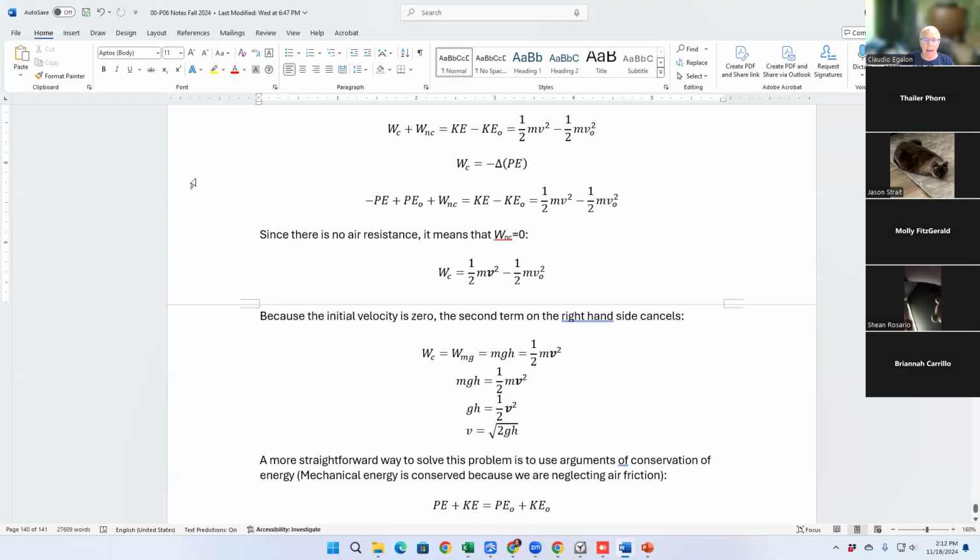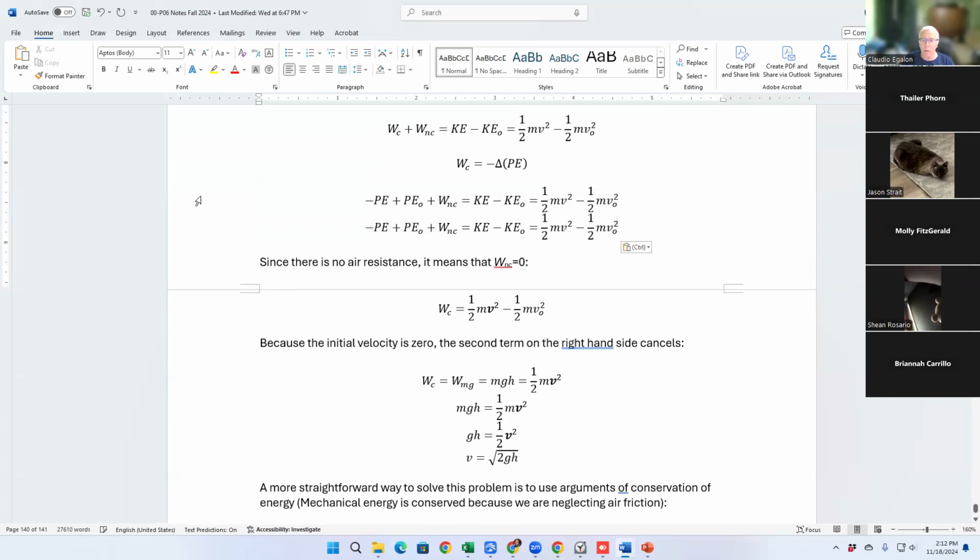And I can even elaborate a little bit more. I can pass the kinetic energy to the other side. You're going to sum the final kinetic energy with the potential energy, and we can pass the other terms to the other side.